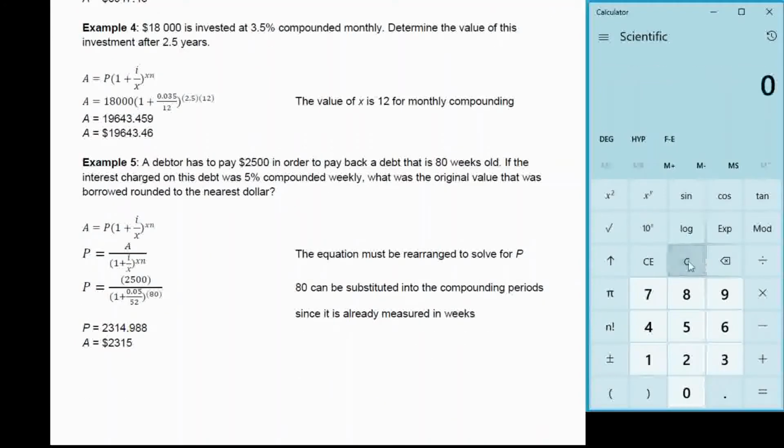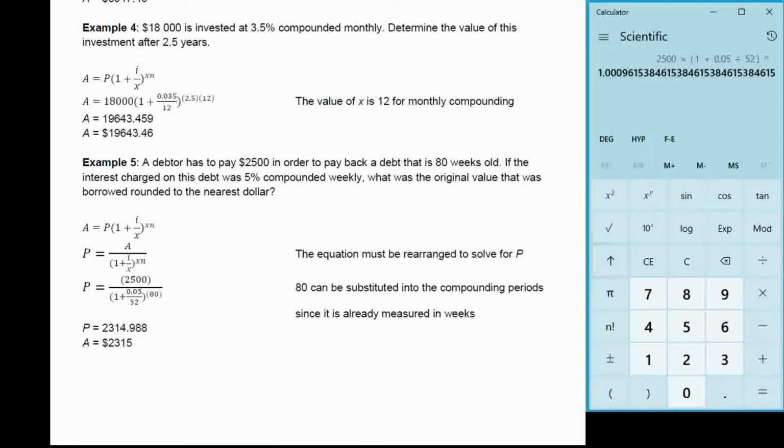The last question here, it says a debtor has to pay $2,500, and this debt is 80 weeks old. He's being charged interest at 5% compounded weekly. So let's take that principal, multiply that by 1 plus 0.05 divided by 52, because that's what we have as an x for weekly.